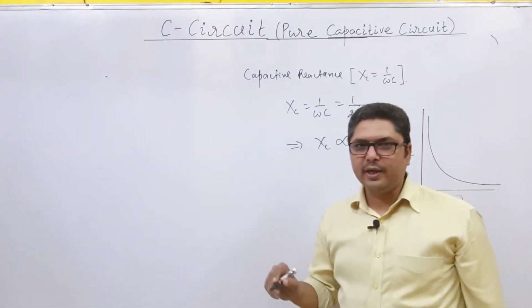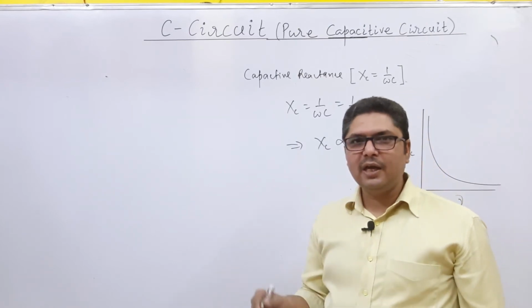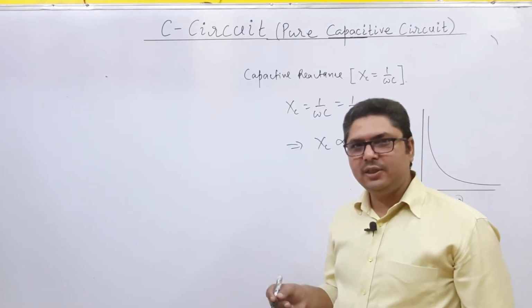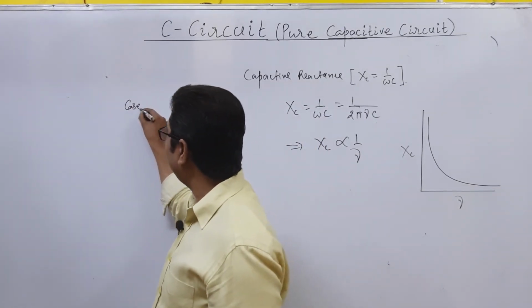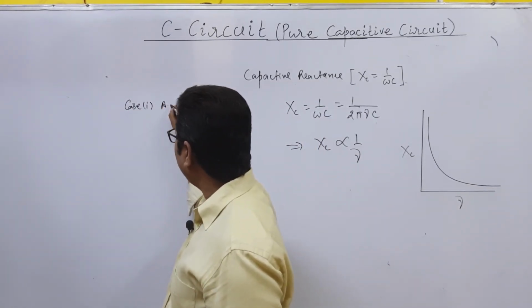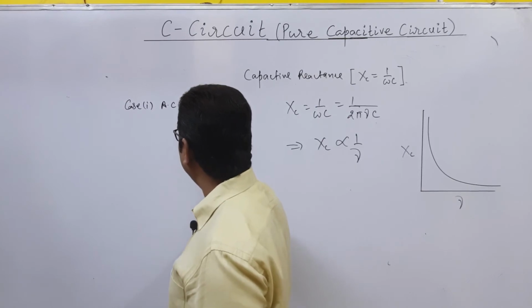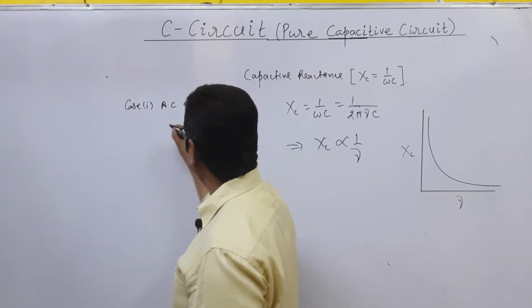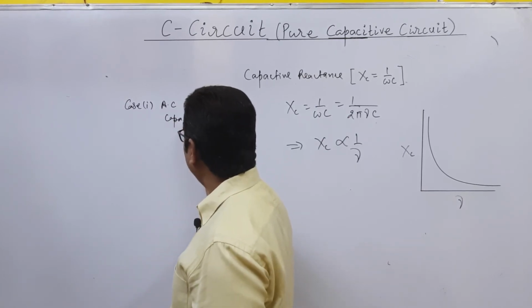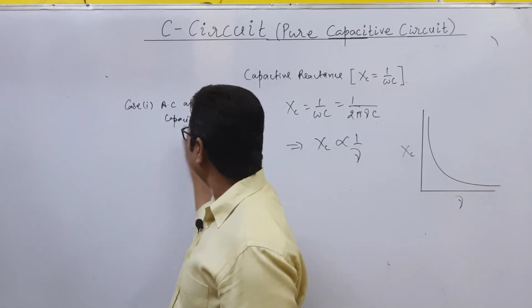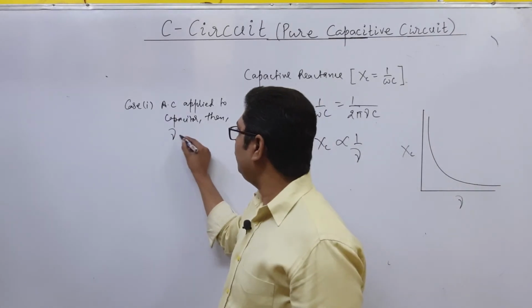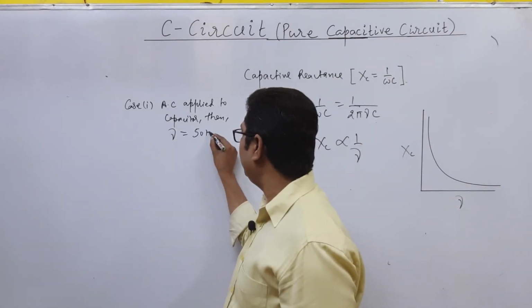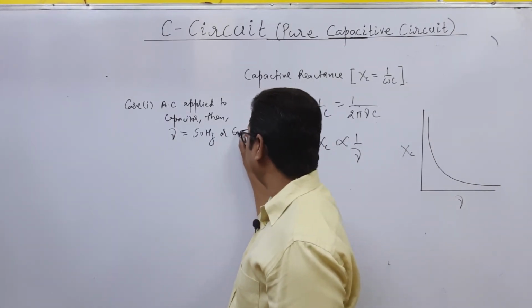Now there are two cases. One case is AC applied and one case is DC applied. Let us see case number 1, AC applied to a capacitor. Then we know that nu equals 50 hertz or 60 hertz.